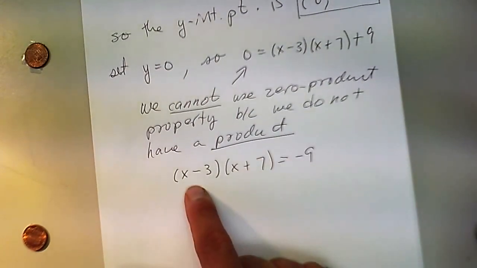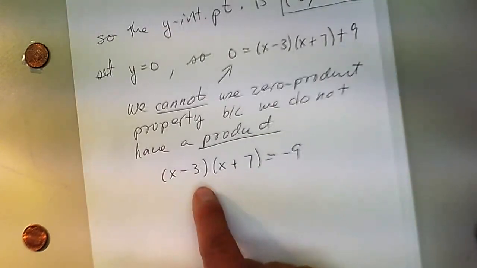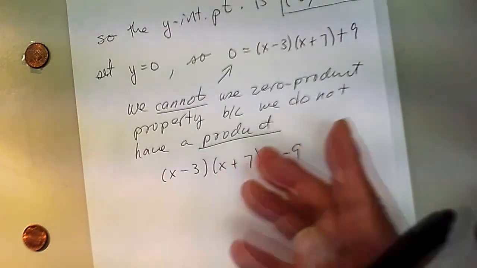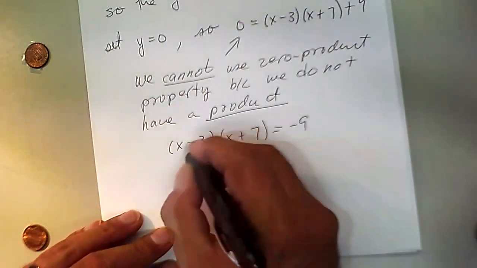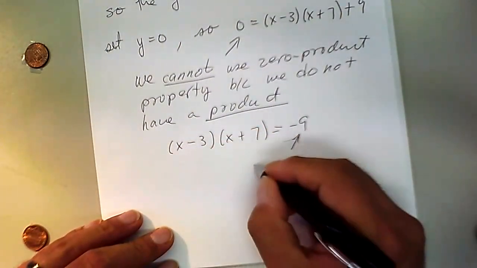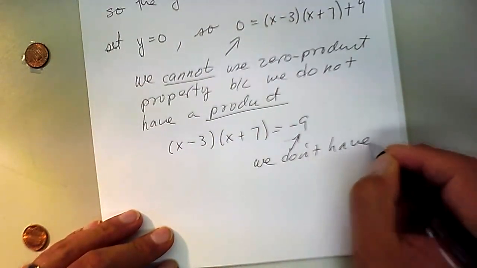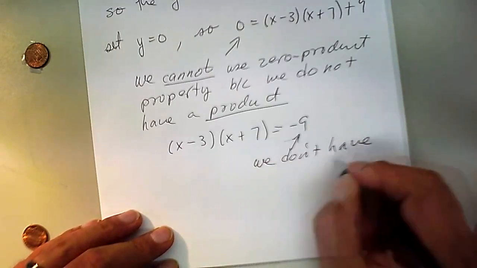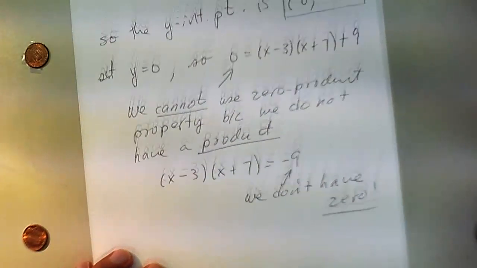And then somebody may say, well, what about x minus 3 equals -9? But then we don't have a 0 again. We cannot use that property. So in this case, we don't have 0. Can we solve it that way? No.